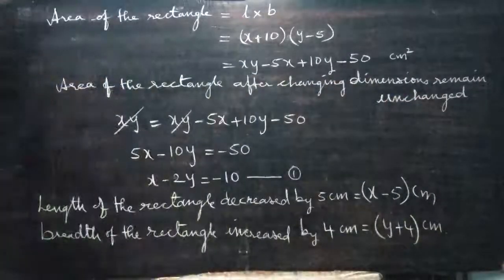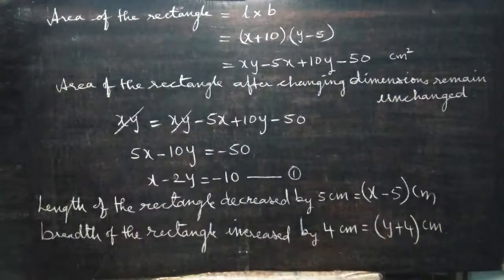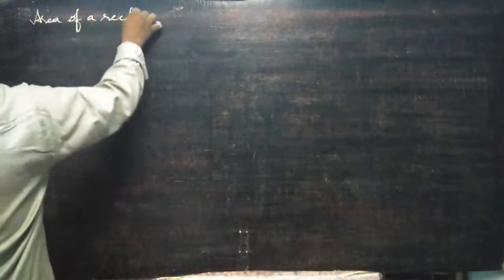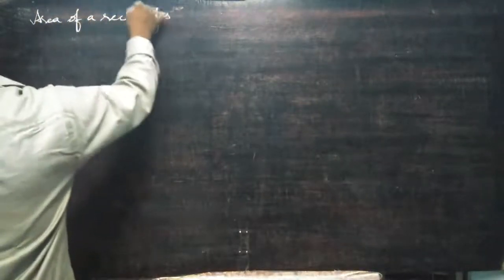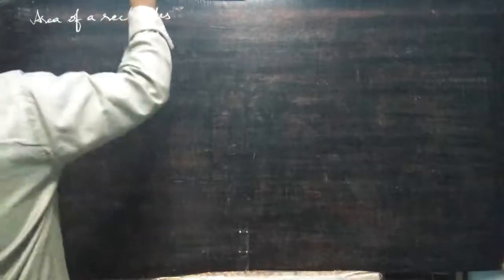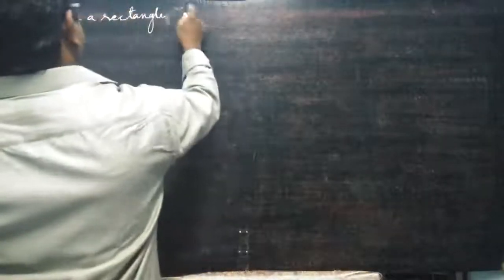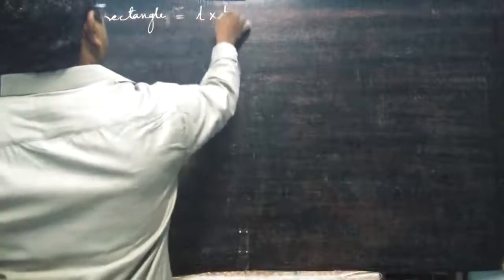Find area. Area is equal to L into B, the area of a rectangle formula. Now, area of the rectangle after changing the dimensions, this time length decreased, is equal to L into B. How much?